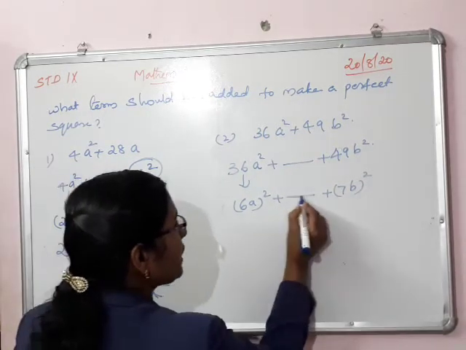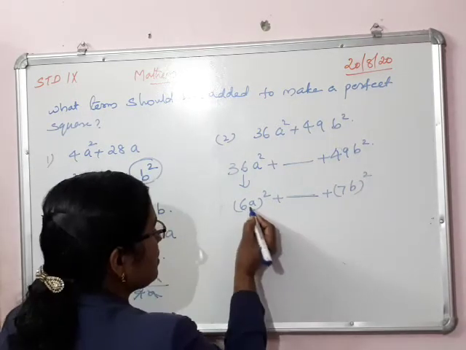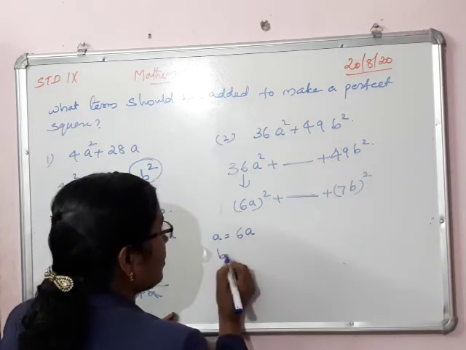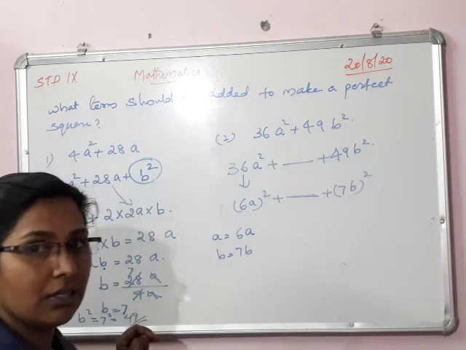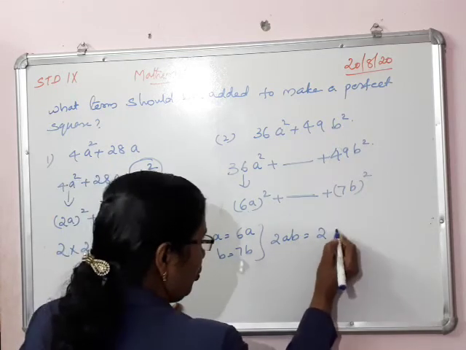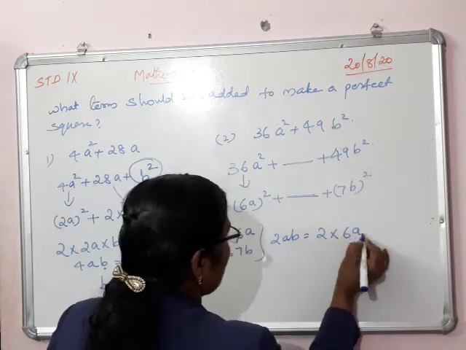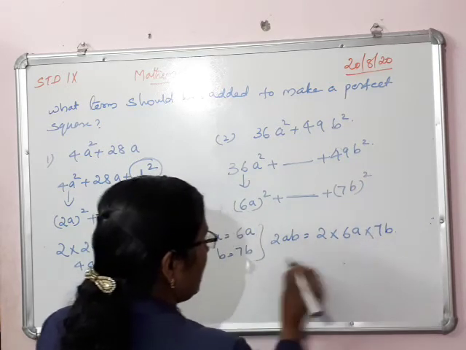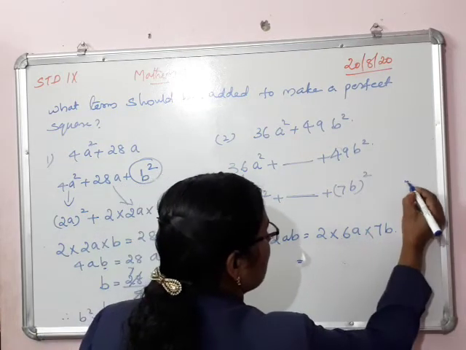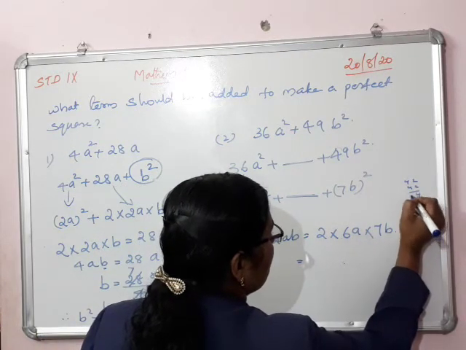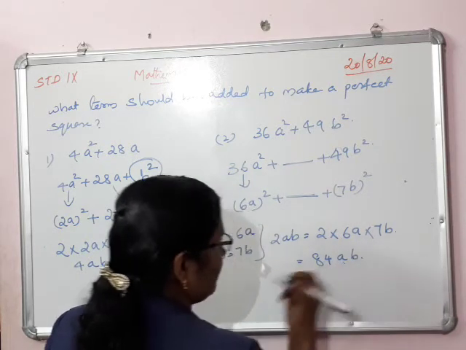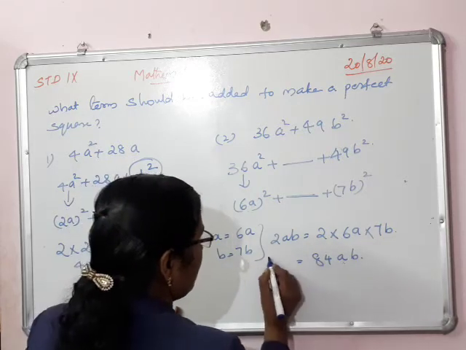So the middle term is 2ab. Here, 6a is the a form, a is equal to 6a, and b is equal to 7b. Is it? Then therefore 2ab is equal to 2 into 6a into 7b, that is equal to 84ab.